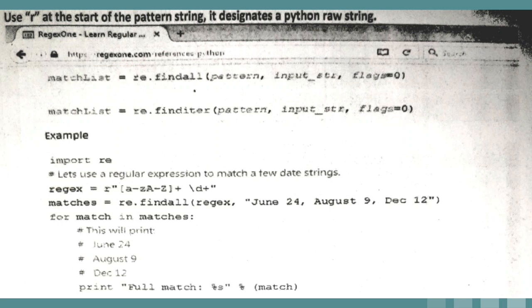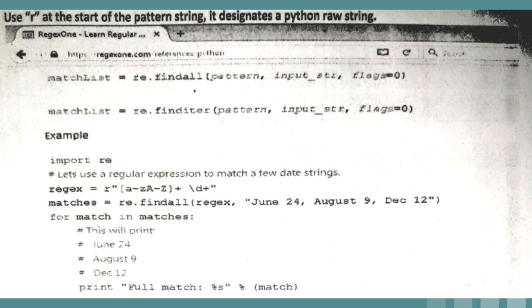This is the reason why I want to add these examples. So just see the first example: import re. We have written the regular expression, regex equal to r, which stands for raw string, and within double quotes I have written a to z within a square bracket, then capital A to Z also, and small a to z also.